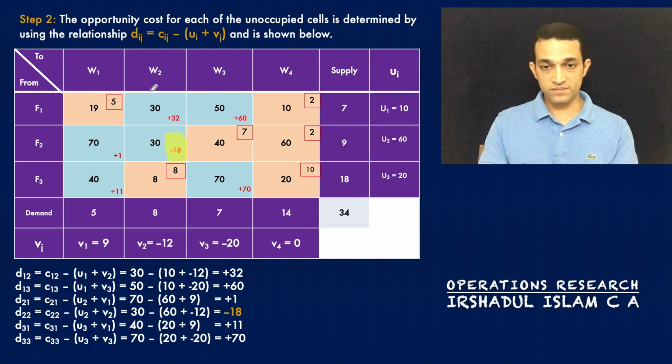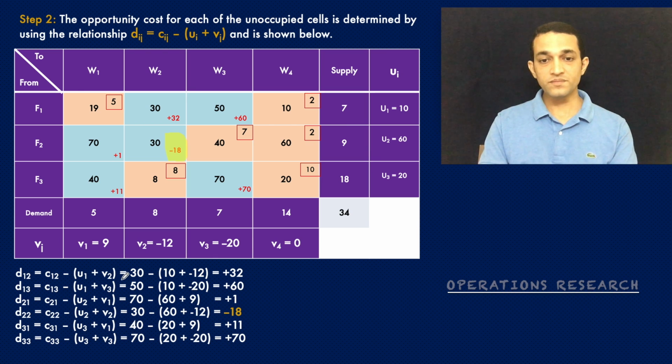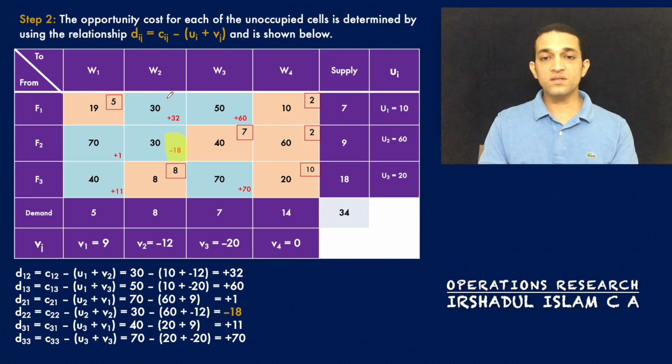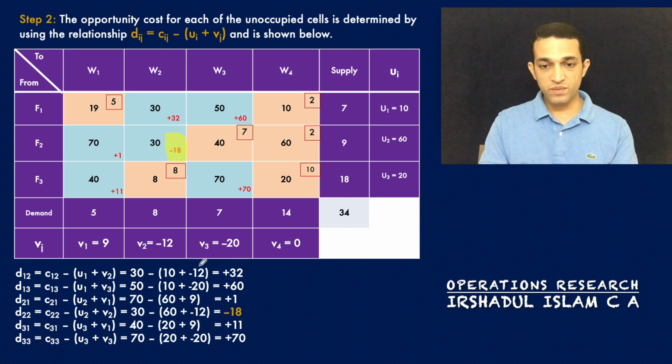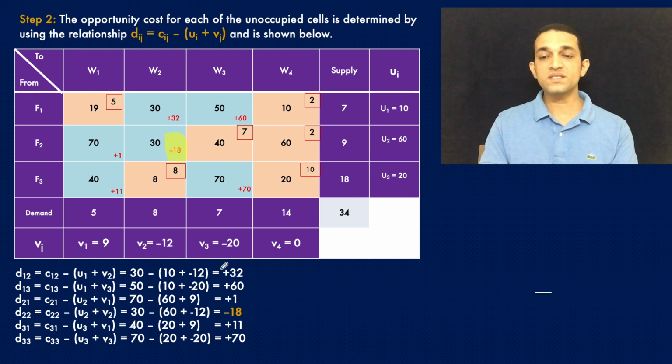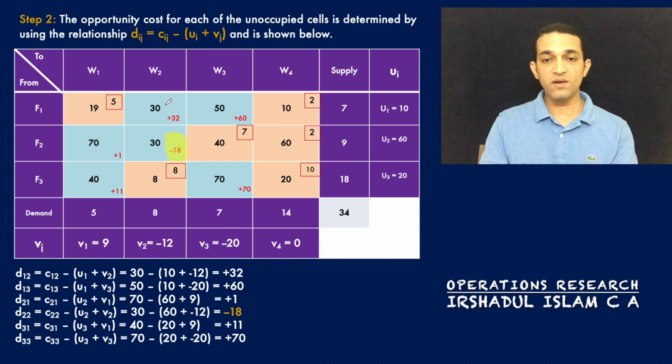For example, this one is an unoccupied cell, d12. D12 equal to c12 minus (u1 plus v2). So 30 minus, here the u1 value is 10 and the v2 value is minus 12, 10 plus minus 12 equal to minus 2, 30 minus minus 2 equal to plus 32.